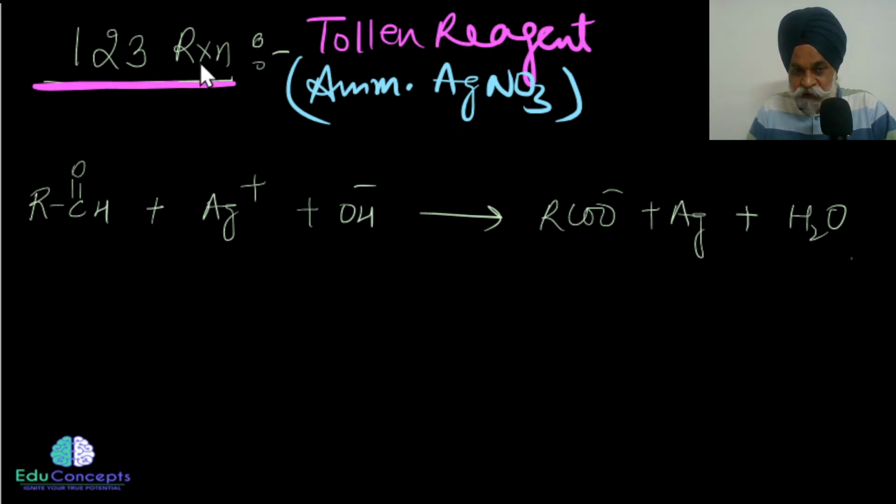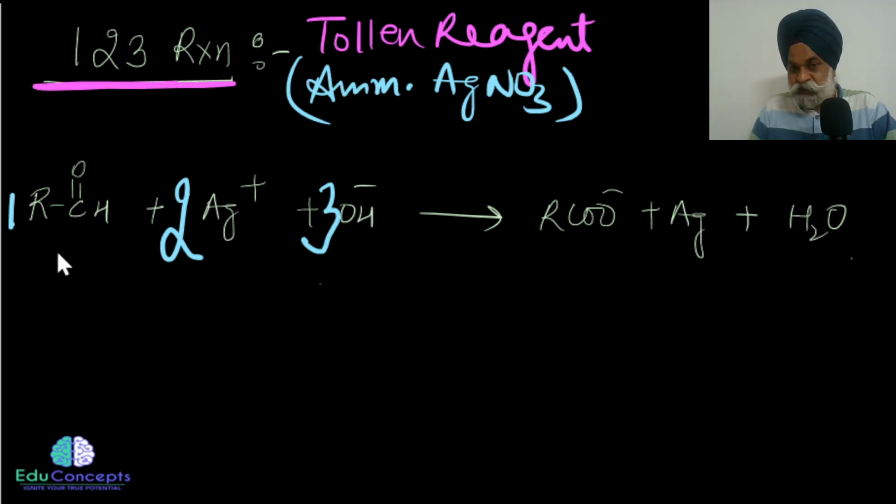Basically, why I have written 1-2-3, it is a tip to remember. You treat Tollen's reagent to any aldehyde. So you take 1 mole of this and treat it with silver nitrate. In the silver nitrate, silver is present in +1 oxidation state, so it is 2. And since ammonium hydroxide is also there, so it is alkaline. So it is 3. That is why I refer to it as 1-2-3.